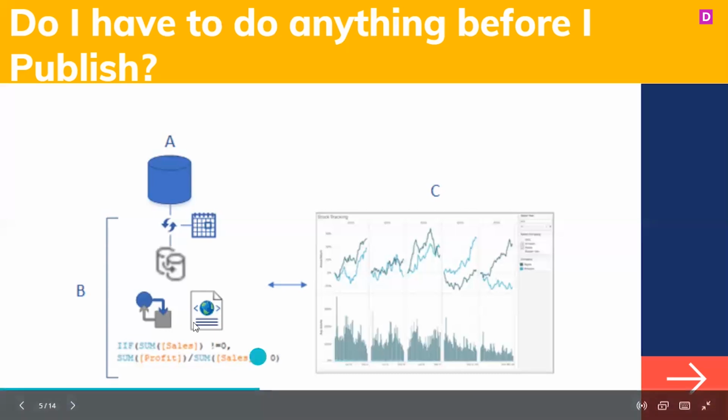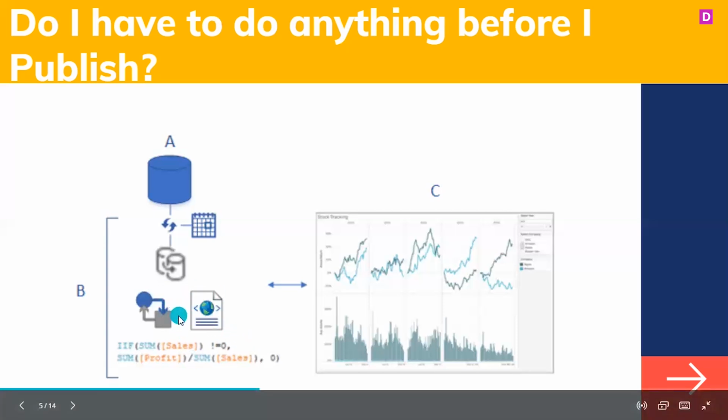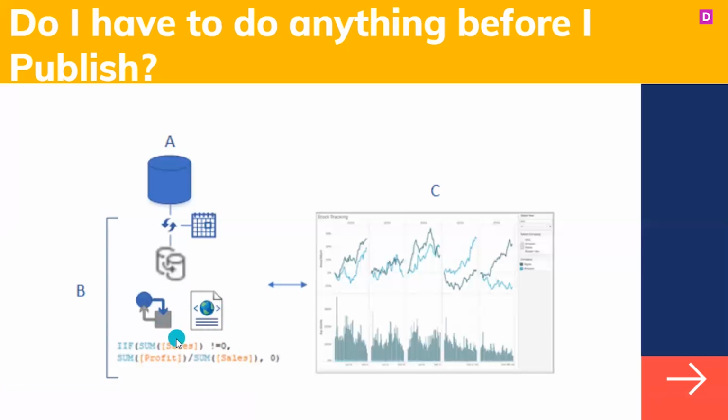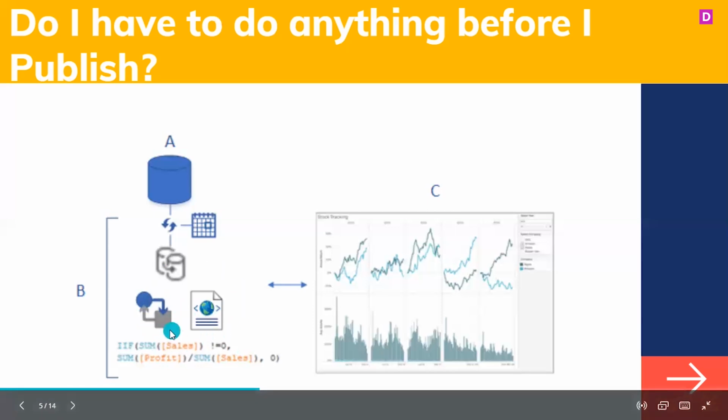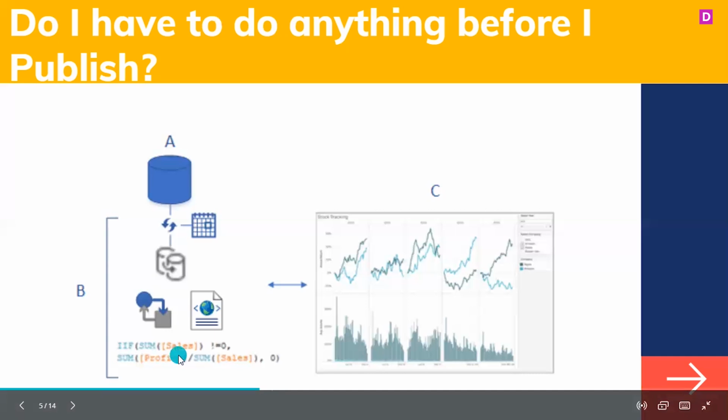If you see here, the data is embedded in a workbook, and it has an extract connection, a refresh schedule, and some calculations. How you want your user to view this, whether with the same setup or otherwise, is a decision you also need to take in terms of the data source.